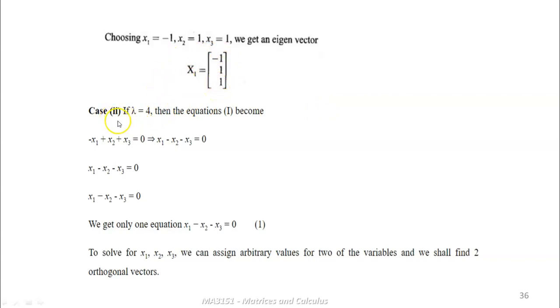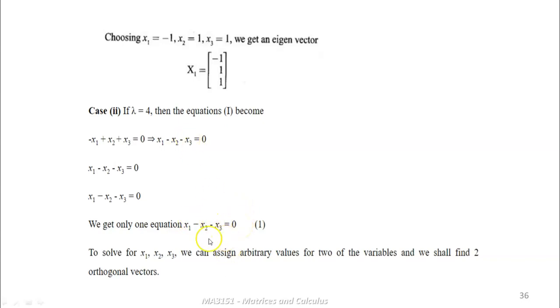Then case 2, if lambda equal to 4. This is the second eigenvalue. Substitute this eigenvalue in equation number 1. We get these three equations. Since these three equations are similar to each other, you can select only one equation among these three. So consider the first equation x1 minus x2 minus x3 equal to 0.